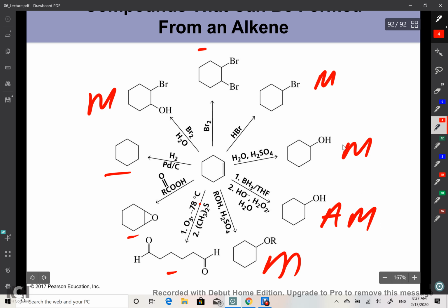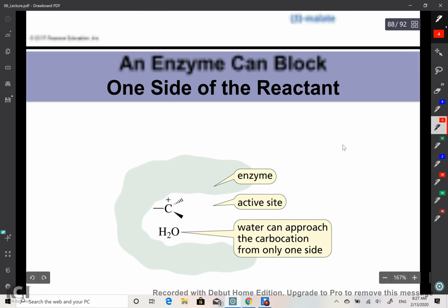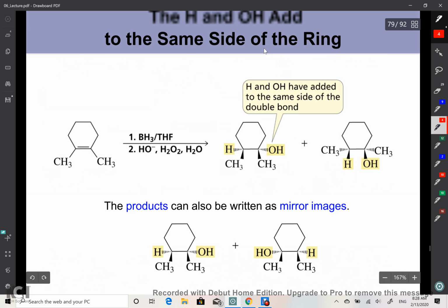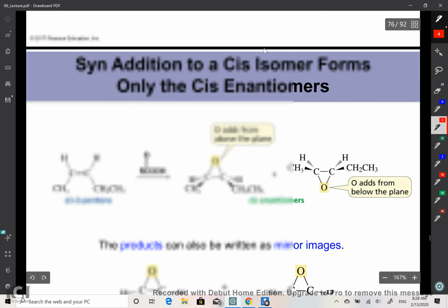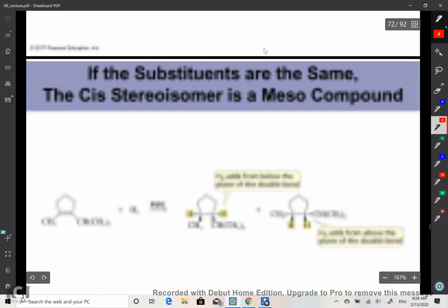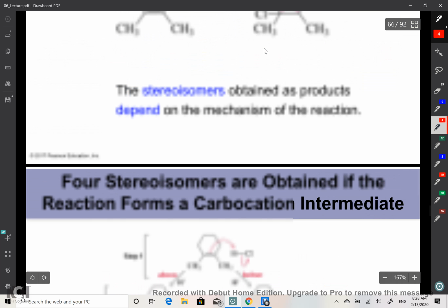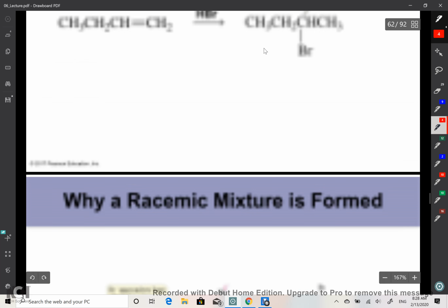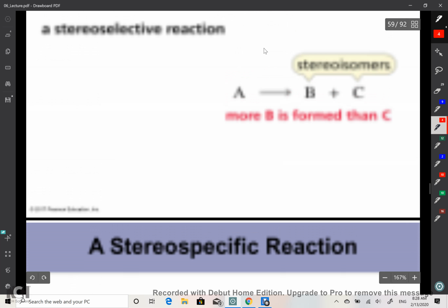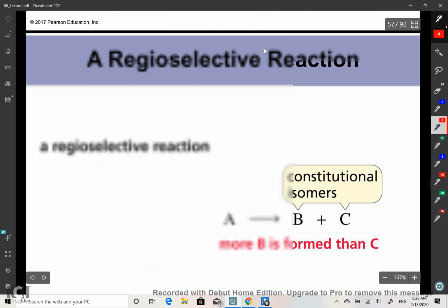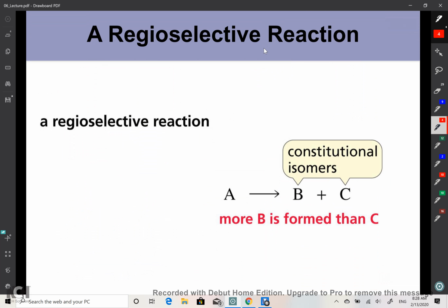So let's go back and then start looking at what the stereochemistry of the reaction is. So at the beginning, I think we said reactions are regioselective.